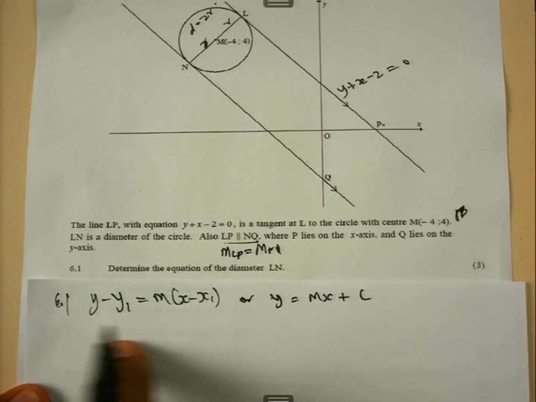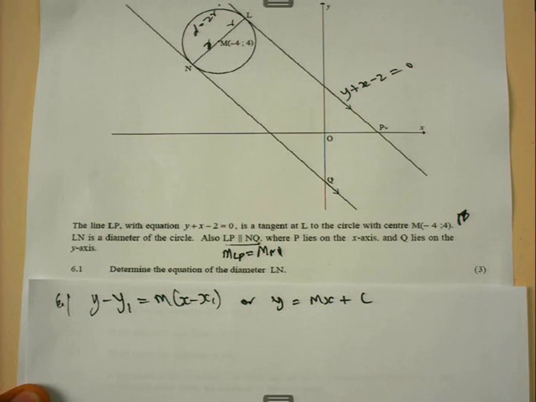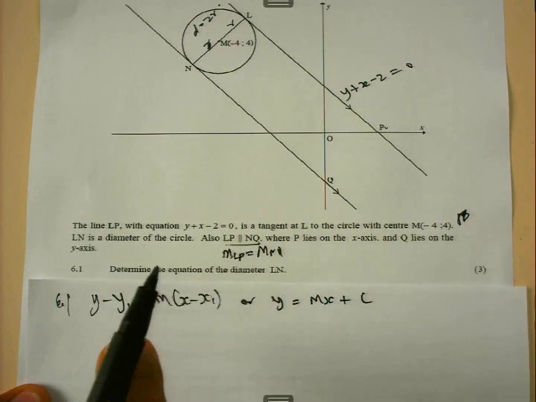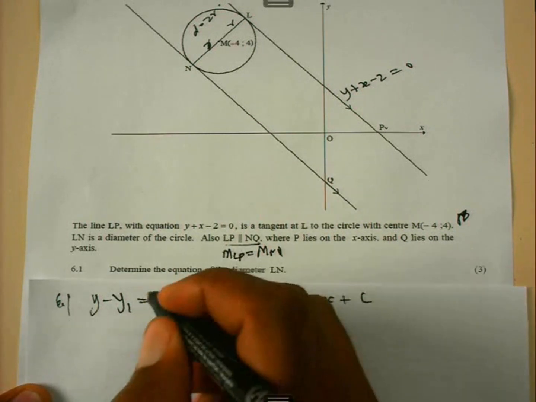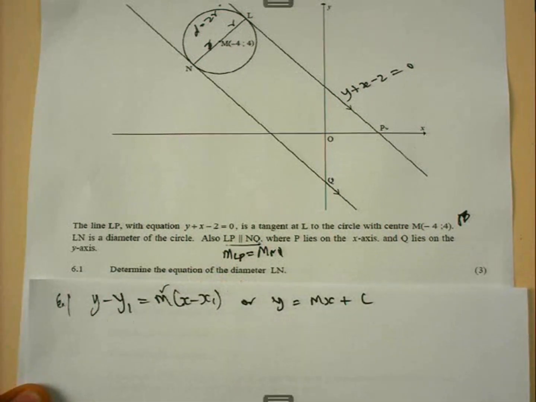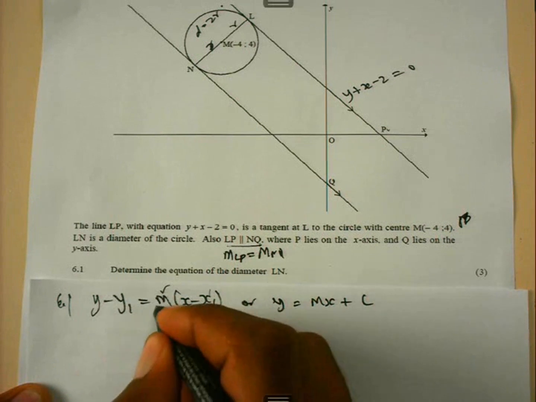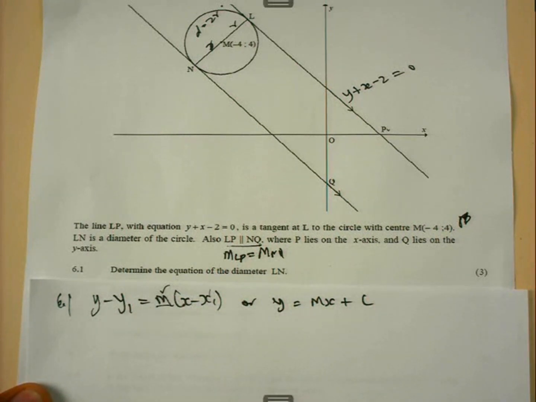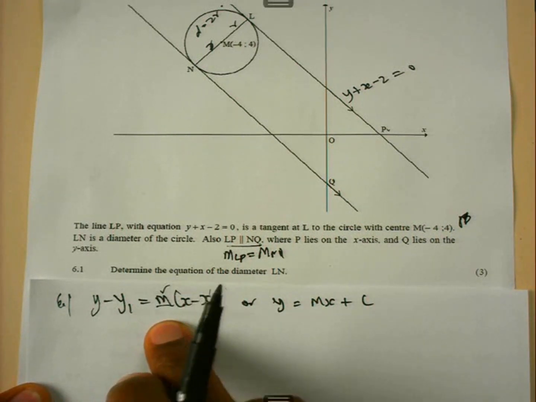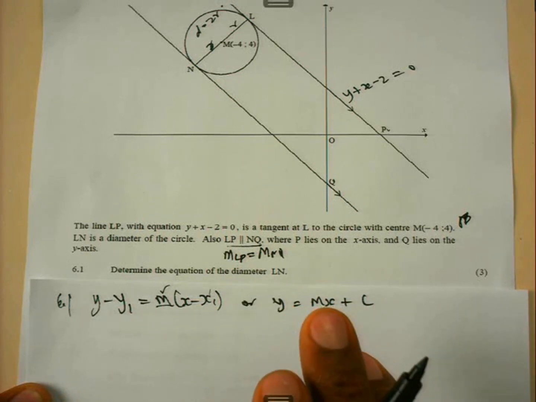Now, immediately, once you have the formula, we can identify that for me to be able to use this formula, I need to have the gradient of that line as well as a point on that line. Of course, for me to determine the gradient, I need to have 2 points on the line, right?